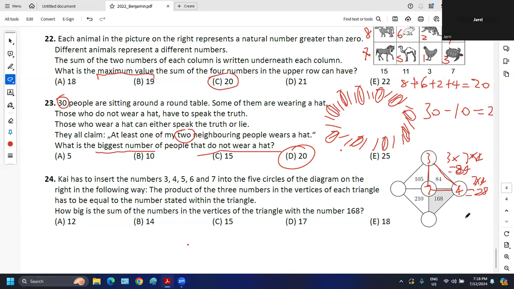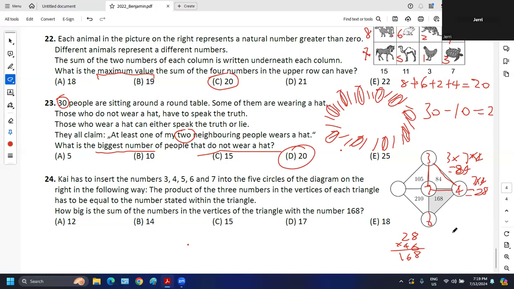So we can first try 6. 28 times 6 is 168. Wow. So this part would be 6.